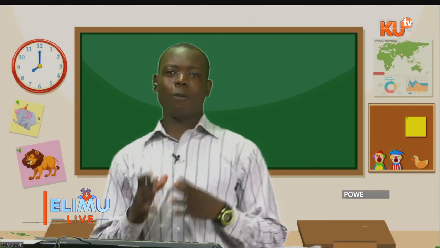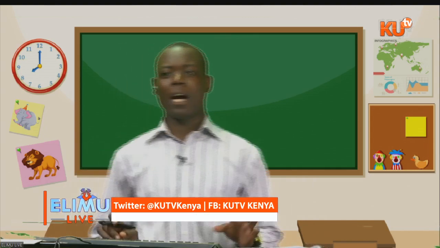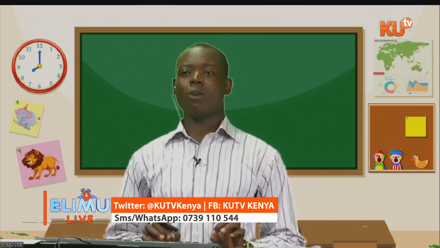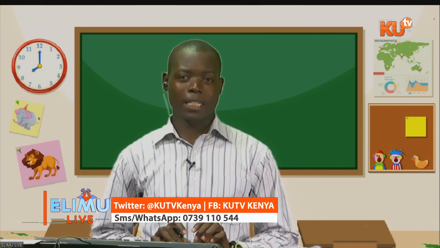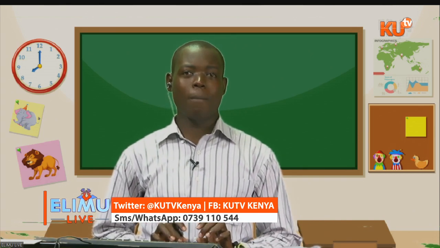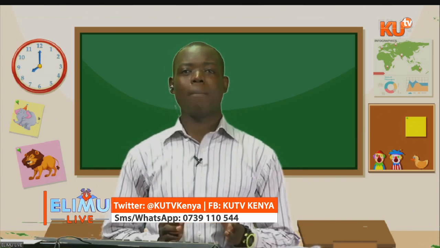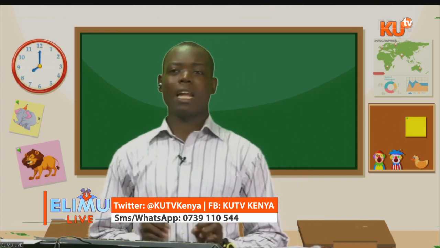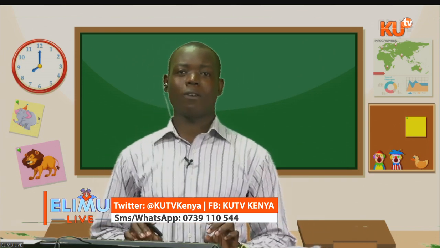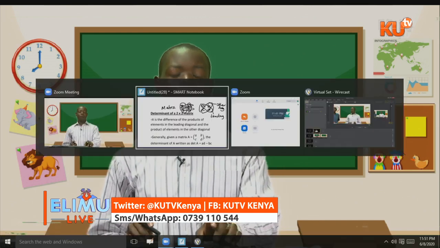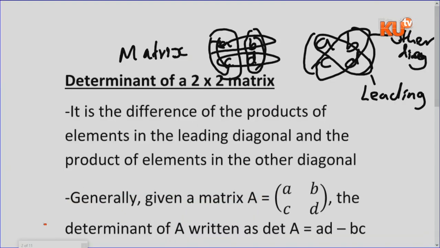So that now, from there, we can understand how to determine the determinant of a 2 by 2 matrix. And this 2 by 2 is actually what we call the order of a matrix. The order of a matrix is simply defined by the number of rows against the number of columns. Count the number of rows in a matrix, and then count the number of columns. We'll be able to get the order.